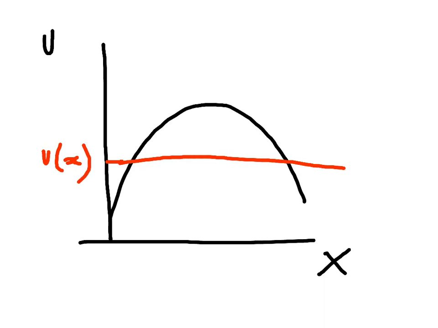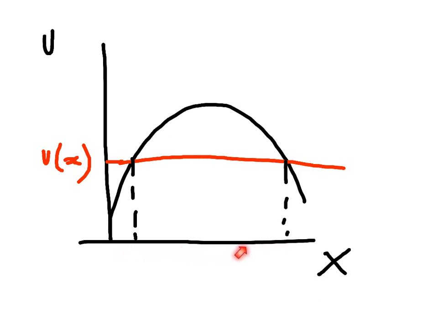And now I'm looking at, in the domain, all the bundles which have a utility greater than or equal to u of x. Where are those bundles located? I'm looking down here at the domain for the function. Bundles are going to be located in here, right?